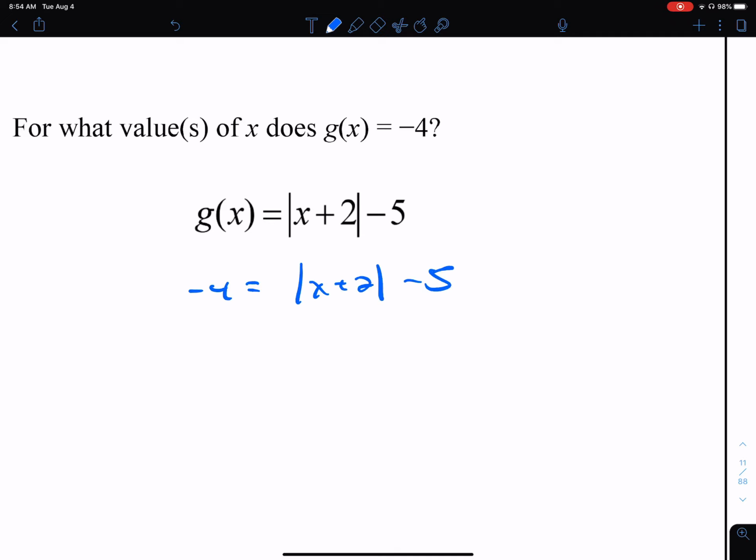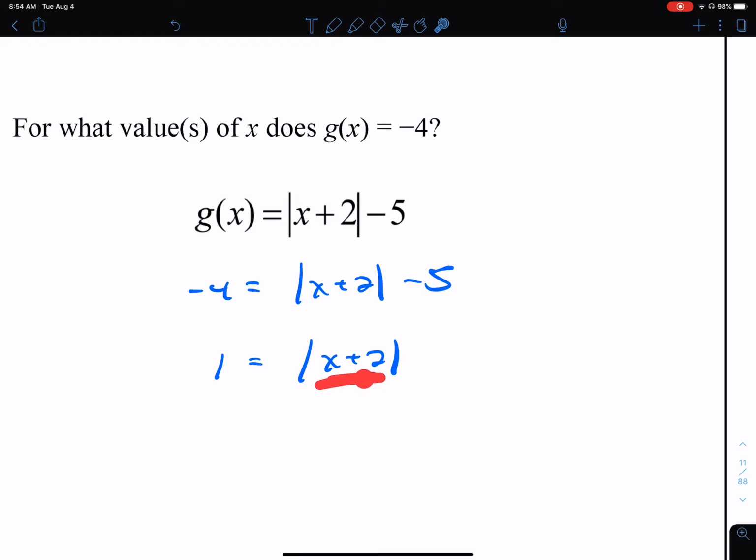This is going to serve as a good review for us, how to solve an equation in which the variable is inside the absolute value. Well, you want to get the absolute value by itself, so I'm going to add 5 to both sides. And then here's what we're saying. The inside of this could end up being positive or negative. But when you take the absolute value, it becomes positive.